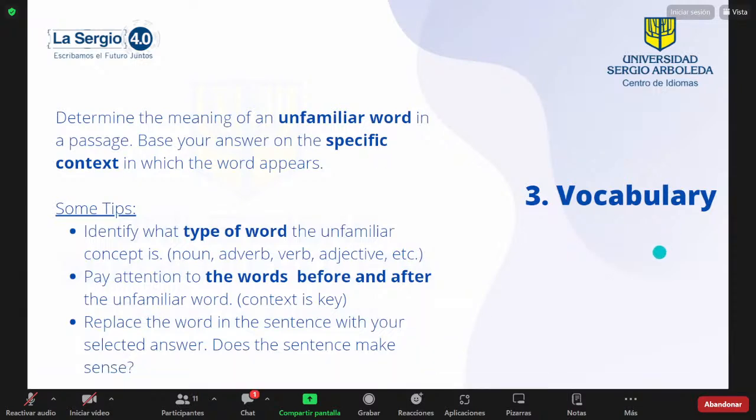So when you replace tiny with small, does it make sense? When you read it again, yes, sure, it makes sense. So you would be sure about it.